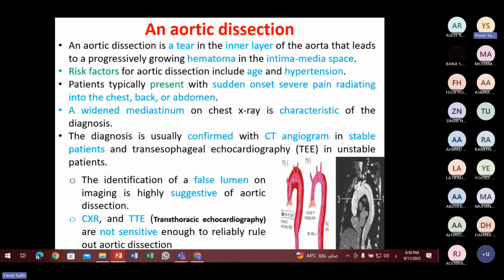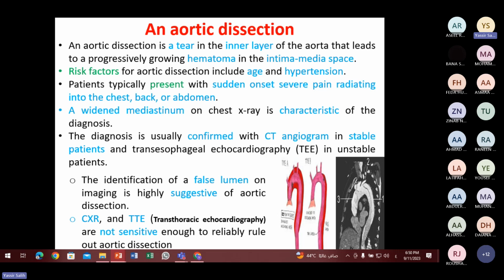If we do a CT angiogram, CT with contrast, we find a double lumen: the first is normal, the other is abnormal, the false lumen, and in between there is the intimal flap. So presence of a false lumen is highly suggestive of aortic dissection.